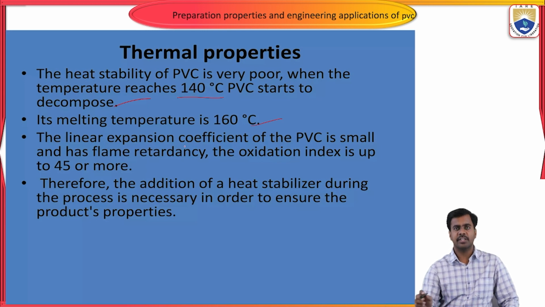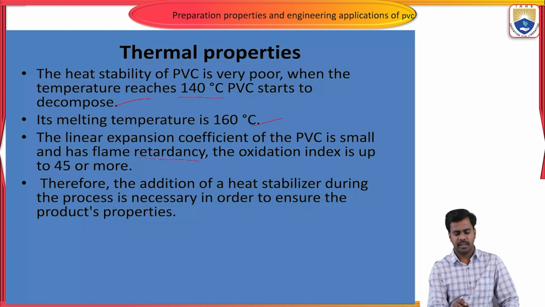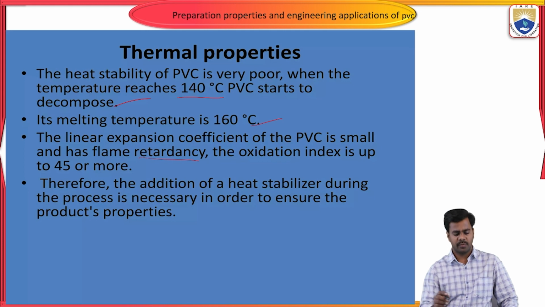The linear expansion coefficient of PVC is small and it has flame retardancy. The oxidation index is up to 45 or more. Therefore, the addition of a heat stabilizer during the process is necessary in order to ensure the product properties.